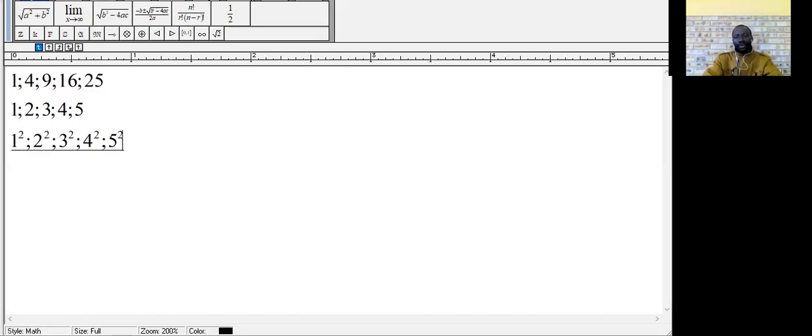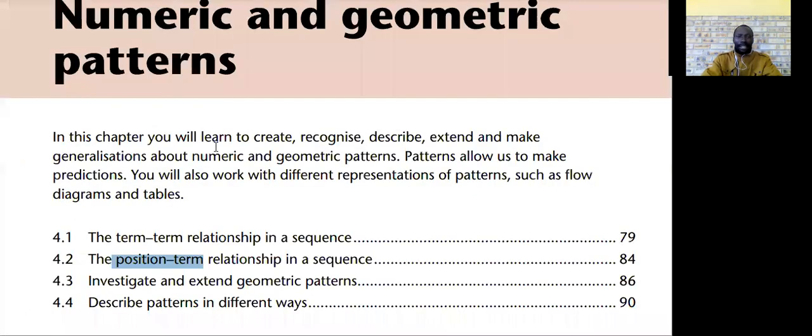So now this type is called position to term relationship. You square the position, you get the term. You square the next position, you get the next term. You square the next position, you get the next term. The other type of relationship is called the term to term relationship, as we have seen before.